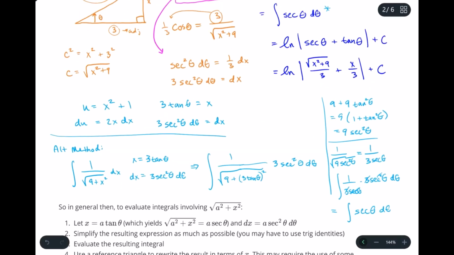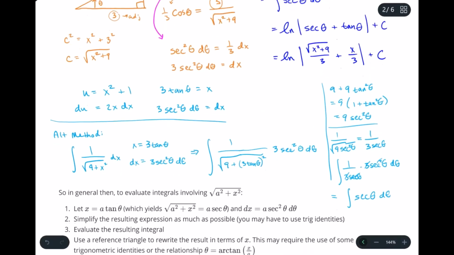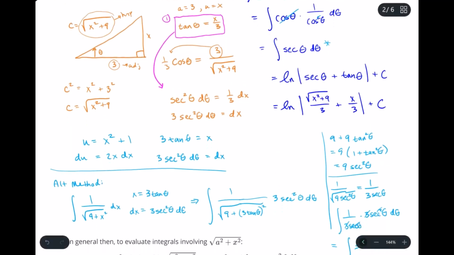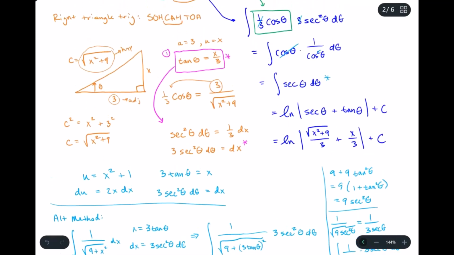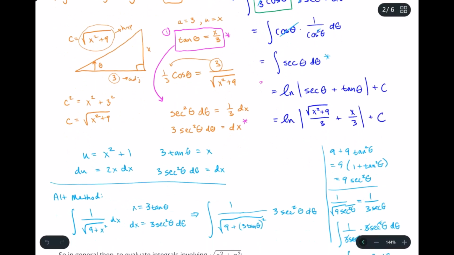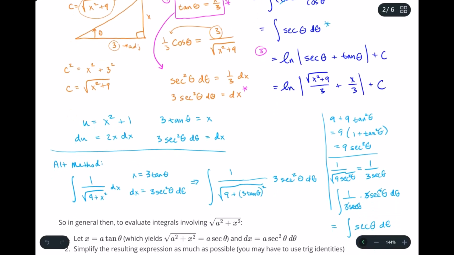So the individual steps here that I used: you have an initial substitution that you're going to use, and it involves the initial substitution and determining the value dx. Once you make those substitutions, you can either use the triangle or these substitutions directly to plug into your integral in order to reduce it. So this would be step 2, down to this point right here. Then you'll actually do the integration. So that's step 3.